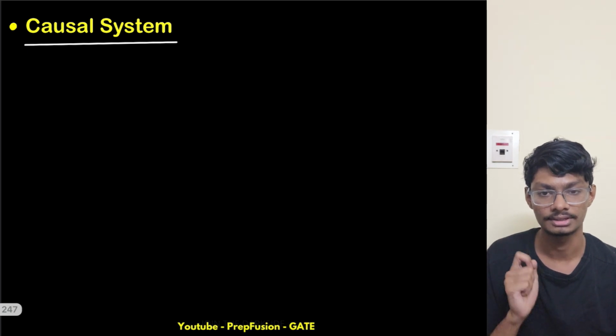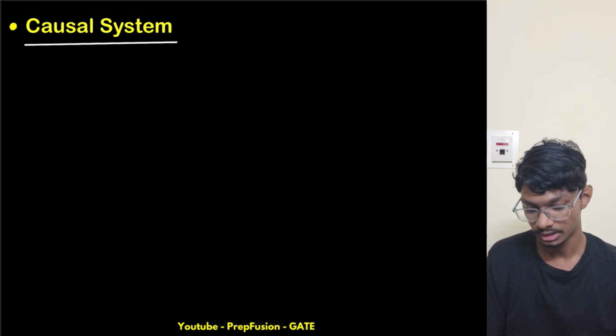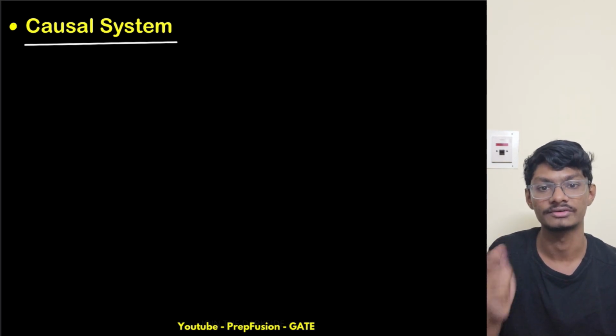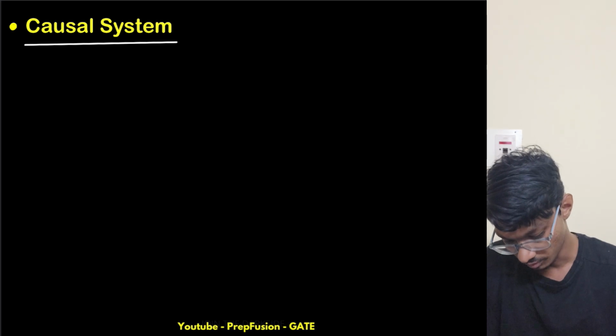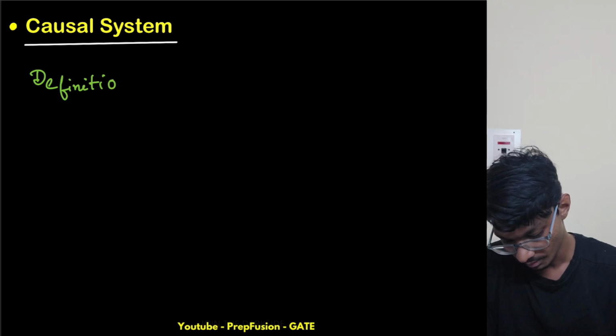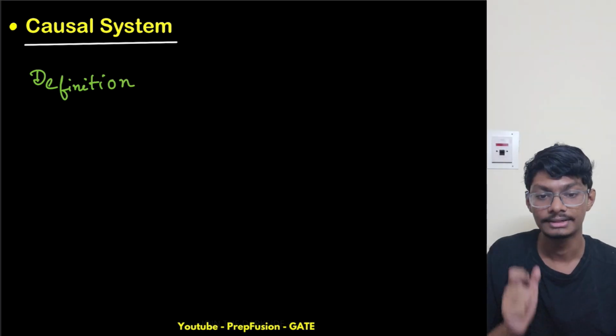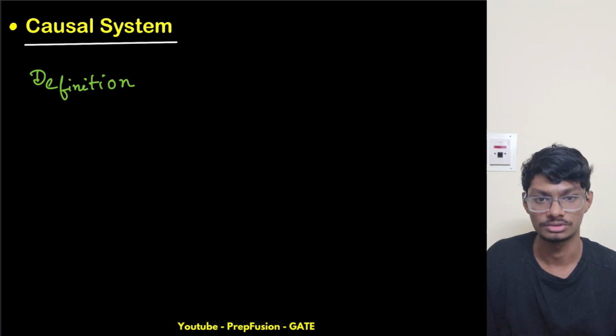Before starting the lecture, I forgot to mention one thing from the previous lecture: in a causal system there is also another definition for causal system. That definition is that the impulse response should be 0 before t equals 0, right?